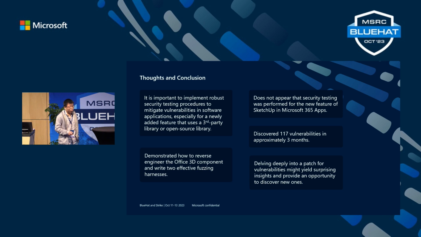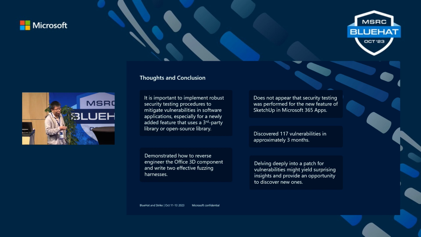Okay, as we wrap up this talk, let's reflect on thoughts and conclusions. Throughout this presentation, I walked you through the process of reverse engineering the Office 3D component. We've explored how to create two effective fuzzing harnesses, one for SketchUp and the other for FreeImage.